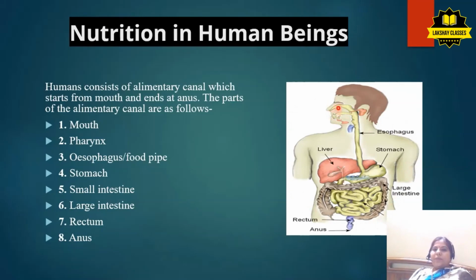This is our mouth, this is nasal cavity, this is pharynx, this is esophagus, here is the salivary gland, this is the liver, the largest gland of our body, this is gallbladder, stomach, this is large intestine, then we have smaller intestine, rectum and anus. So these are the different parts of our digestive system.